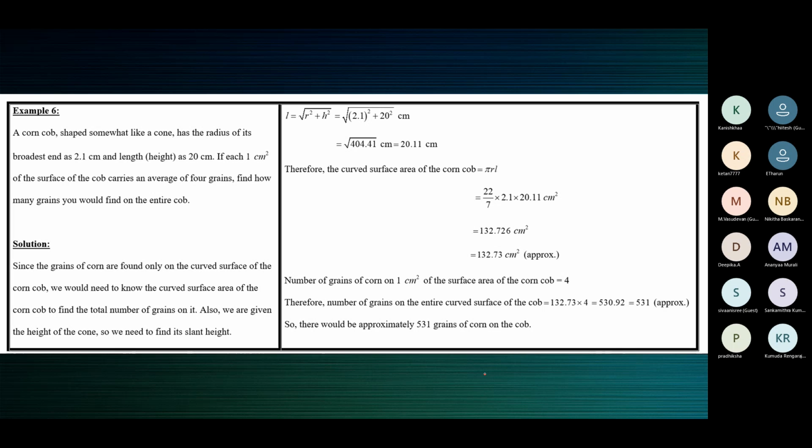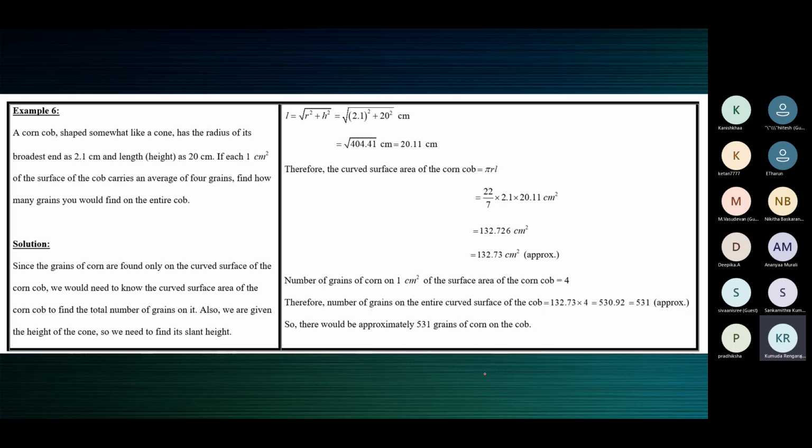No, ma'am. Then what is that other thing given along with R? Height, ma'am. Does height mean slant height or perpendicular height? When the word height is given, it always represents the perpendicular height h, not the slant height.